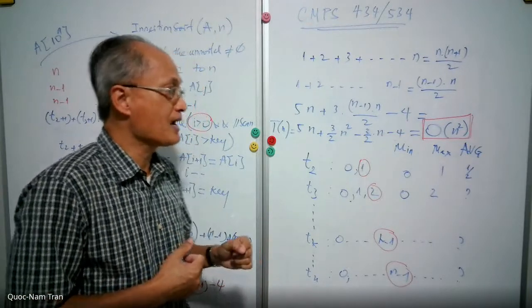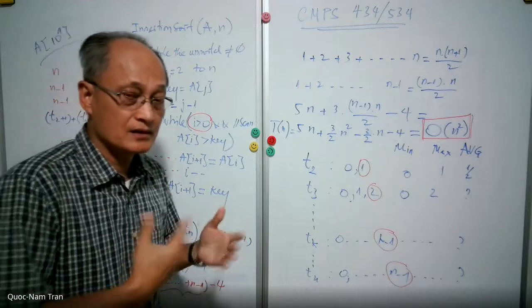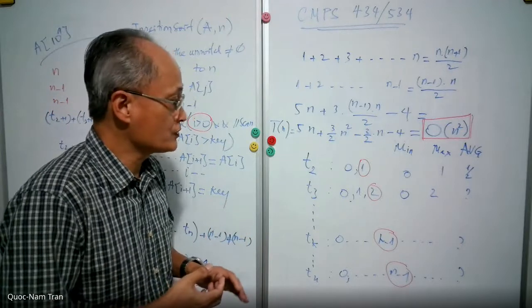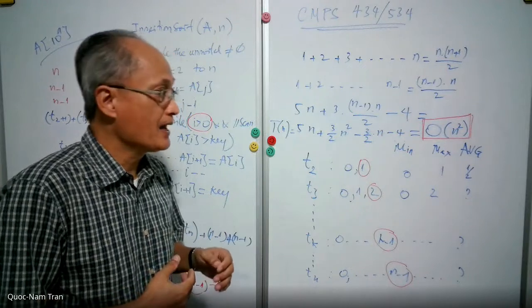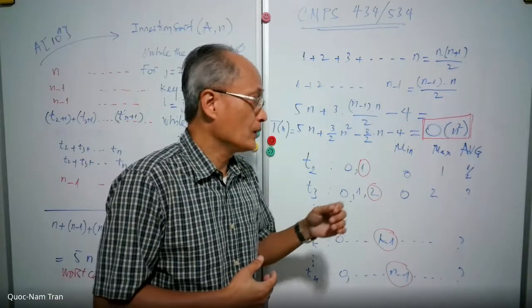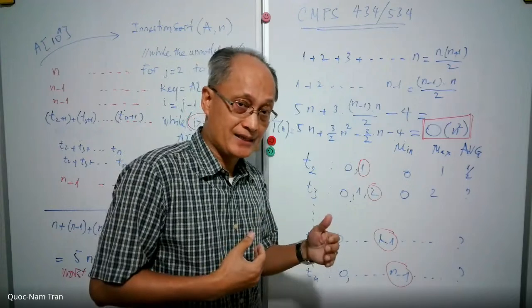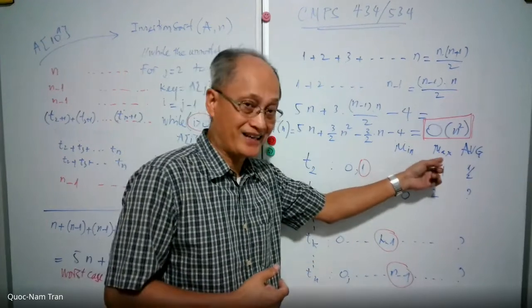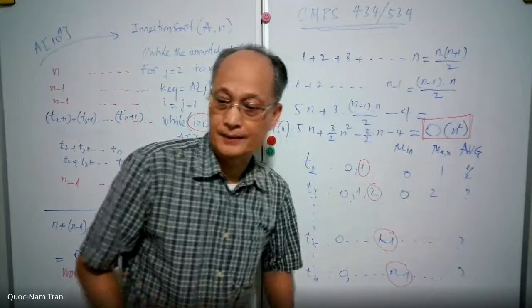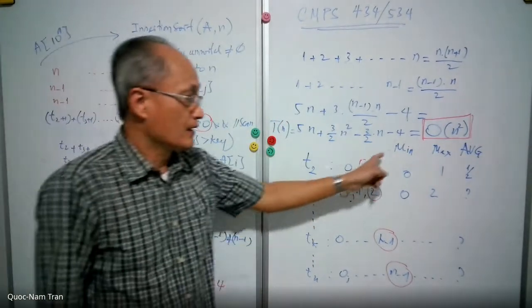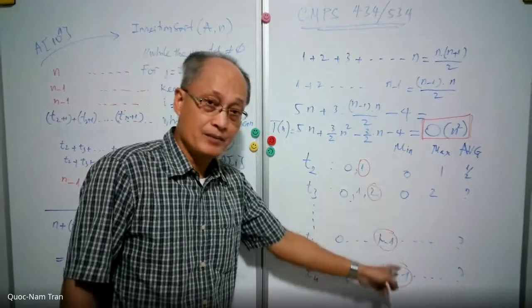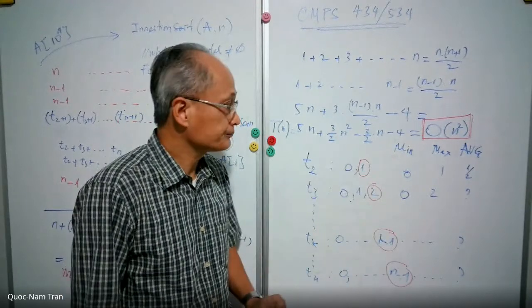But most of the time, the average complexity is hard to find. And in that situation, we do the worst case. Okay? The worst case means the max value. It's much more useful than the best case or the minimum number of steps.